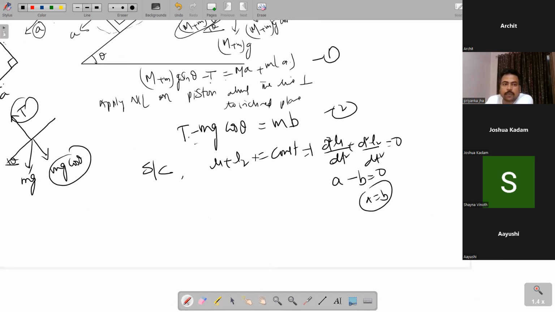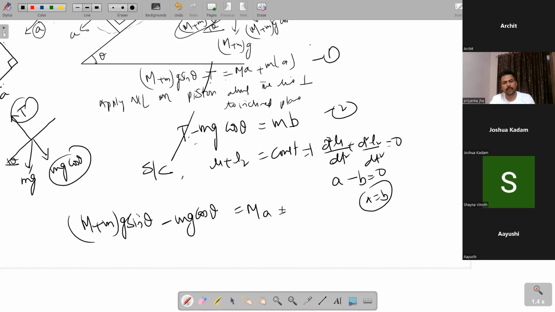Now you have to find A, suppose, and B. Both we can find. So from these two equations, just add them. So T and T will be cancelled. And we'll have M plus m, g sin theta minus mg cos theta equal to MA plus mB.